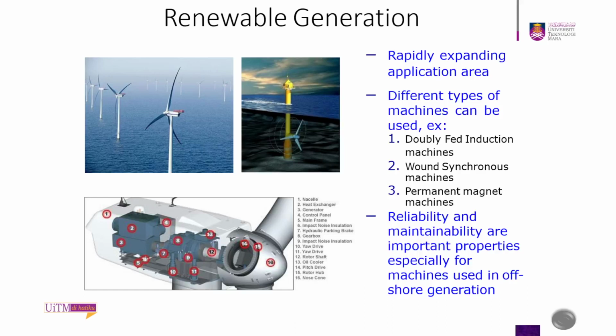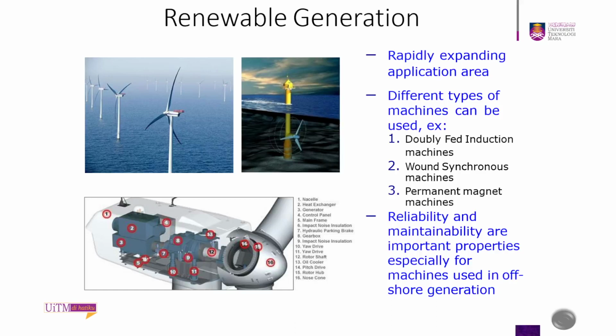And now we look into the renewable generations. Just now we had conventional generation. For renewable generation, for wind turbine and underwater wave turbine, it is a rapidly expanding application. Different types of machine can be used. We can use doubly fed induction machines, wound synchronous machines, and permanent magnets.